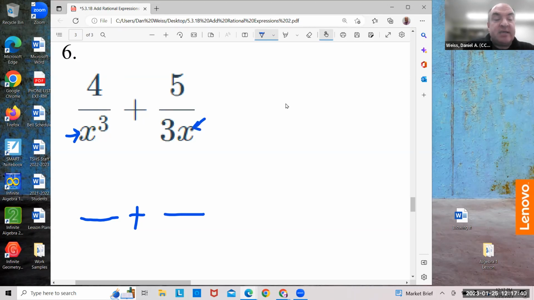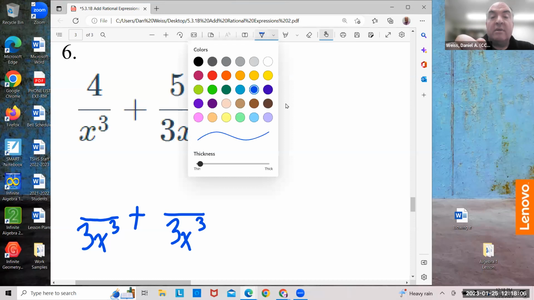Does it make sense that x to the third will be part of the common denominator because x goes into x to the third, and x to the third goes into x to the third, right? And I'm just going to add in the 3. So your common denominator is 3x to the third.